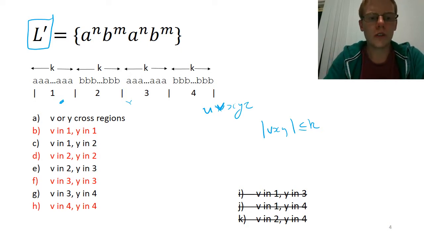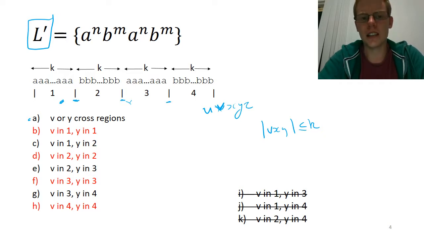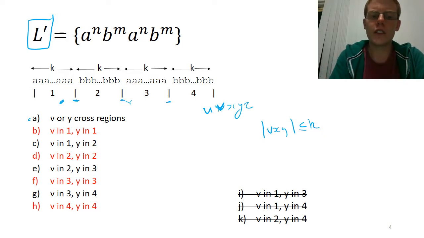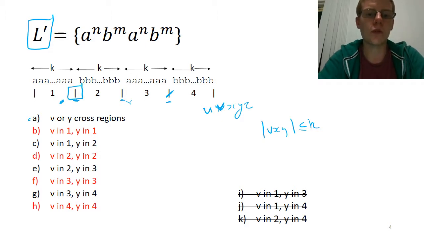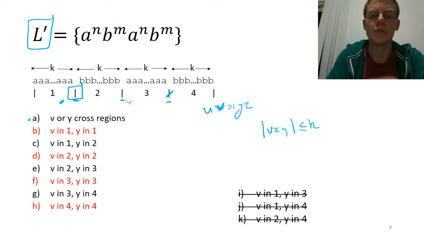But we do need to look at all the cases, so let's look at these and then figure out which ones we need to worry about. We have the cases where v or y cross one of the regions, so either v or y is sitting there, or there, or there. In each of these cases we can simply pump out, and obviously we're going to pump out something in two adjacent regions, but remember that we would need to change the two regions over here simultaneously in order to have the same number of A's as A's and B's as B's.